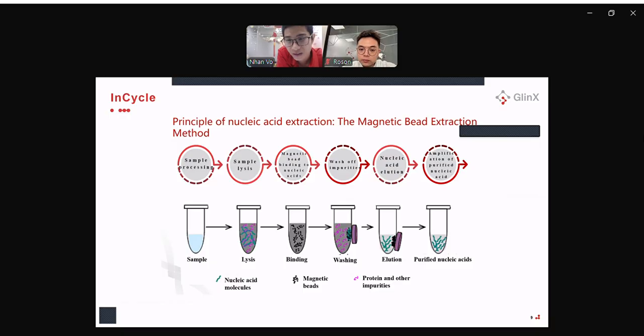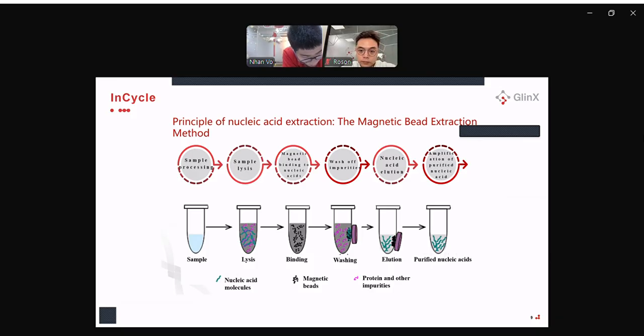The abbreviation of the name of this method is RT-qPCR. The whole name is the real-time fluorescent quantification polymerase chain reaction. Okay, let's move forward.